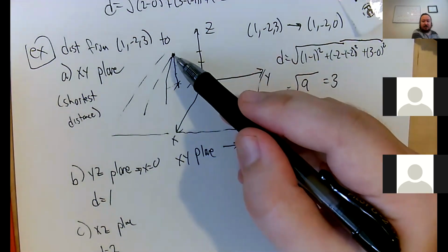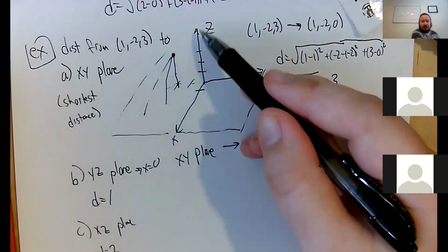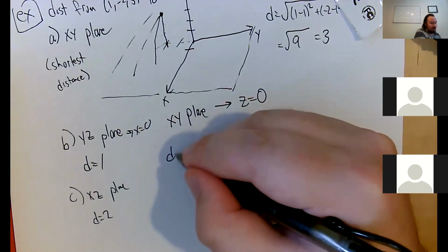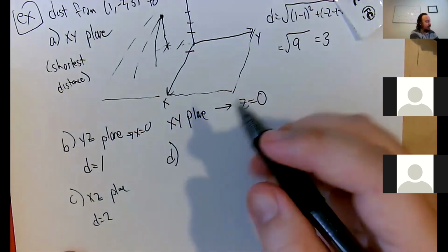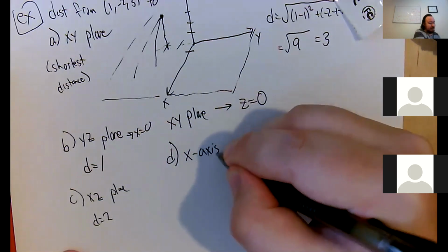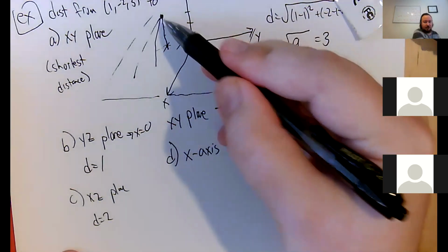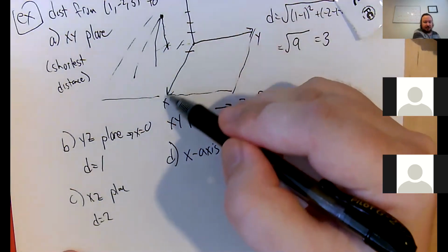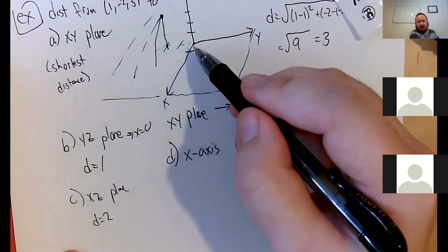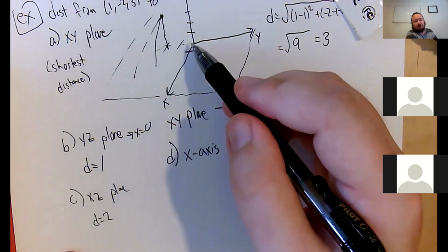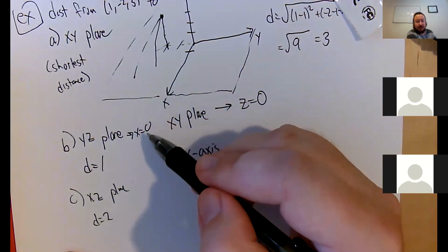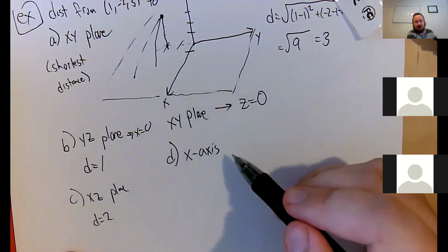Now, we can also ask these questions about axes. So we can figure out the distance from this point to, say, the z-axis right here. It's going to be a little bit different, but it's still not going to be too bad. So for example, let's say we want to know the distance from this point right here to the x-axis. That's this right here. Just like we had equations that made up the planes, we also have equations that make up our axes.